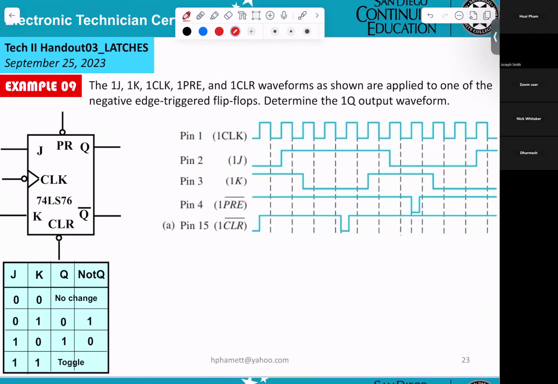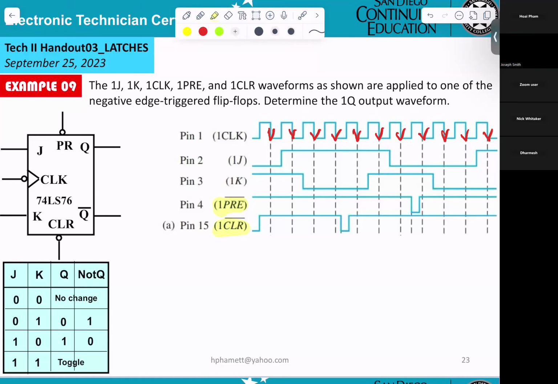If you look at that one here, you can see the clock will be negative going: 1, 2, 3. So now we need to look at preset and clear.